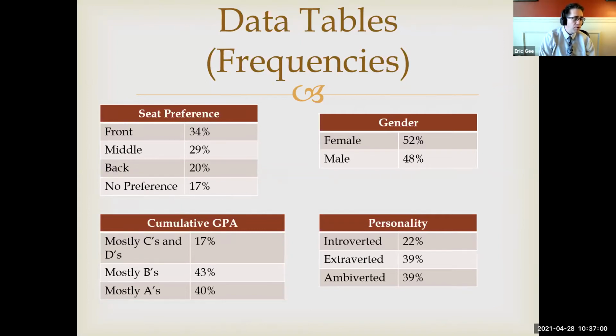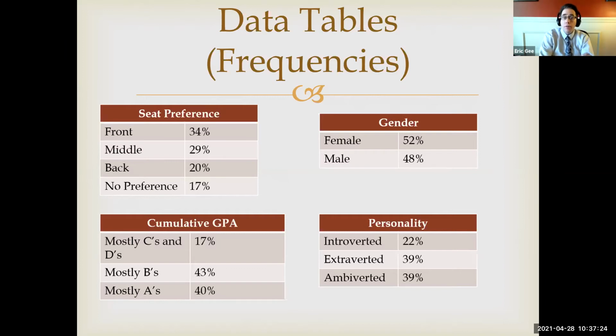There's the seat preference: 34% prefer the front, 29% prefer the middle, 20% prefer the back, and no preference, about 17%. There's the GPAs mentioned there, and then based on the statements that you marked, I indicated you're introverted, extroverted, or ambiverted, and you can kind of see what that looks like too.